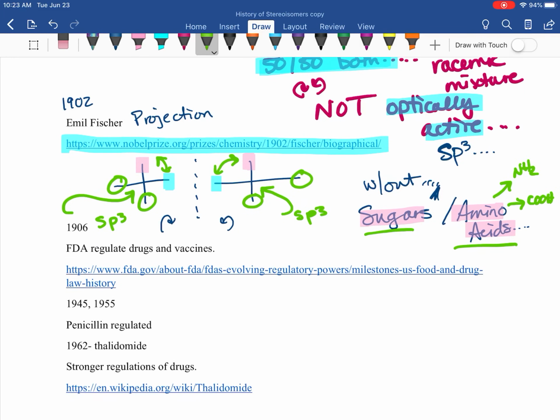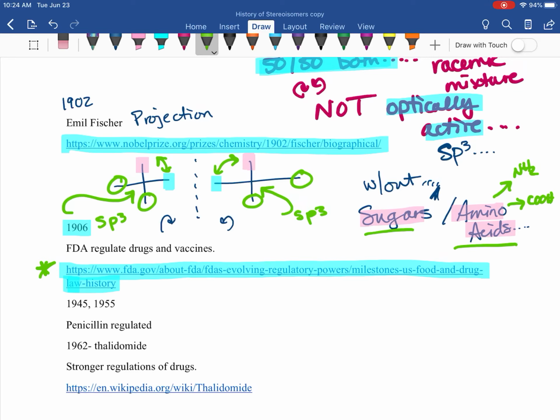All right, so let's fast forward just a little bit. So we're getting into the early 1900s. What's awesome now, just throwing in a little bit of tidbits. You guys, this is the coolest link ever. If you are fascinated by the pharmaceutical regulations and FDA, I personally have been trained, I worked in a pharmaceutical company in the FDA side, so I've been personally trained on the FDA regulations.